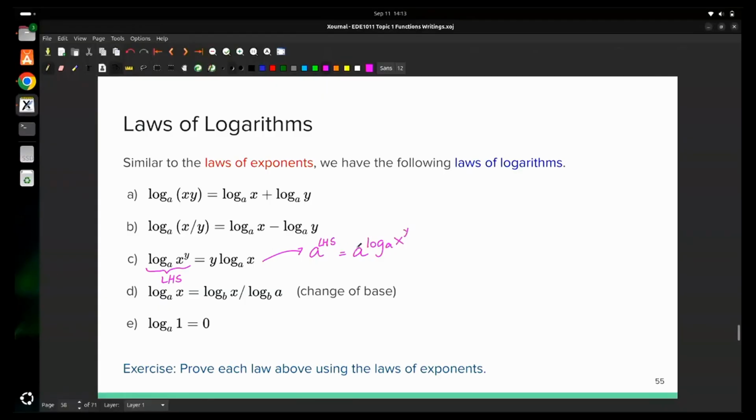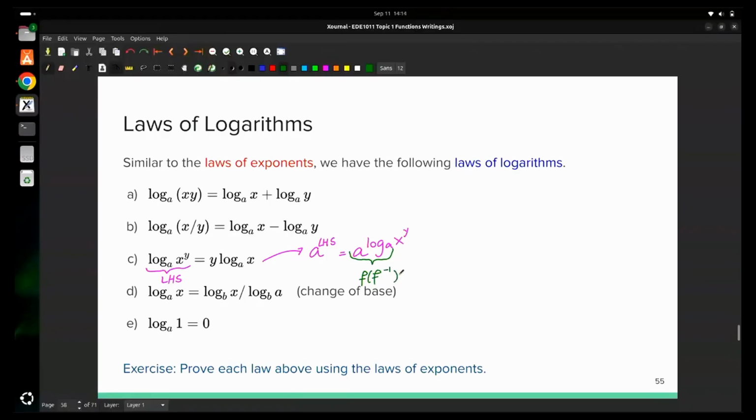But A raised to a power is an exponential function, and log base A is the inverse function of the exponential function. So therefore this whole thing is going to cancel off. This whole thing is f of f inverse.